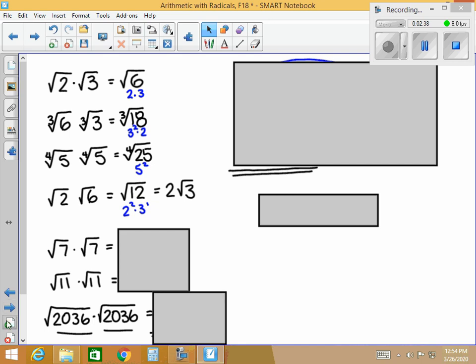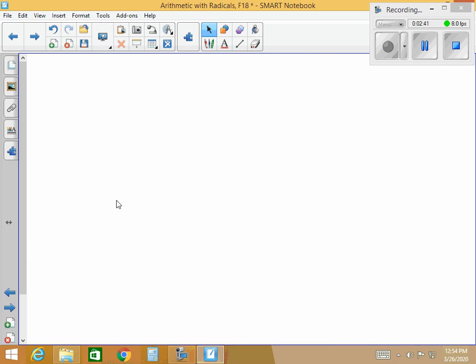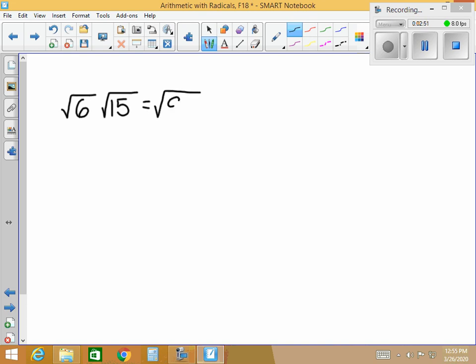Okay, I would like to do more of those. So if I have the square root of 6 times the square root of 15, 6 times 15 is 90. Now, however we get things broken down, it's always simplest to look at the numbers when they're smaller.